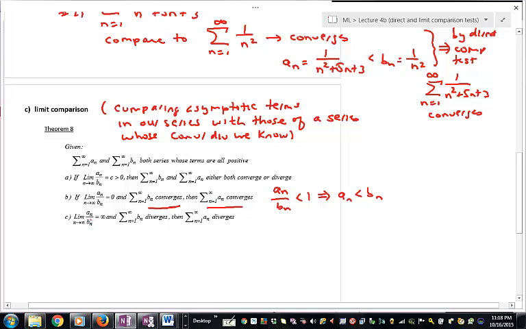But if the limit of the ratio goes to infinity and the B series diverges, the A series has to diverge. And again, this makes sense. If the B series is diverging and this ratio is going to infinity, it means that the an terms are growing faster than the B terms.